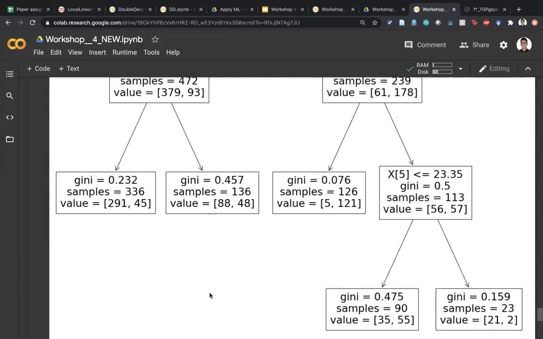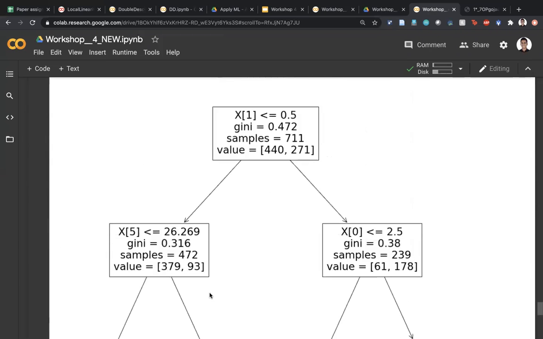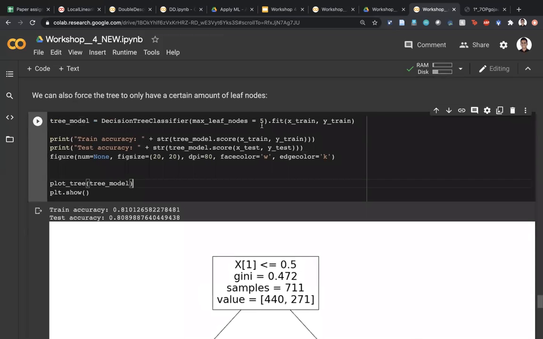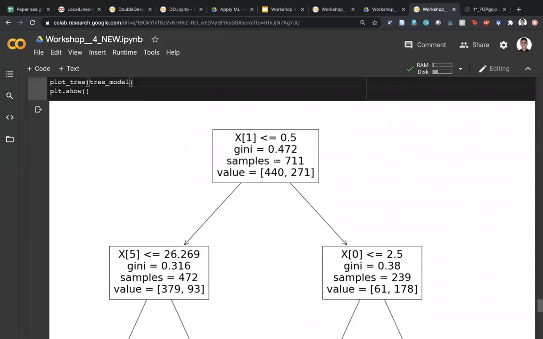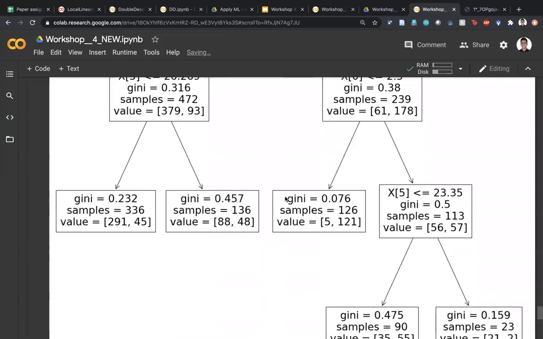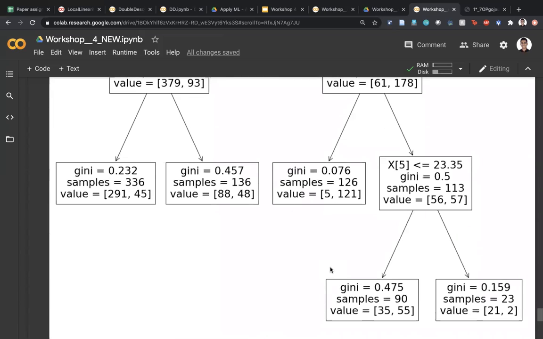What was the number we gave for the max number of leaf nodes here? 5. Awesome. And if we look all the way at the bottom, we should see 1, 2, 3, 4, 5. So there's 5 leaf nodes right at the bottom. That's exactly what it's doing.